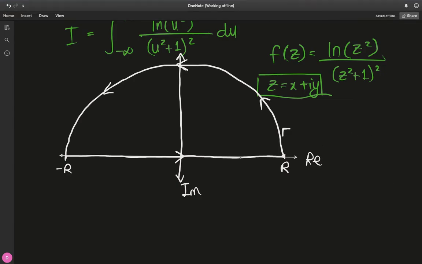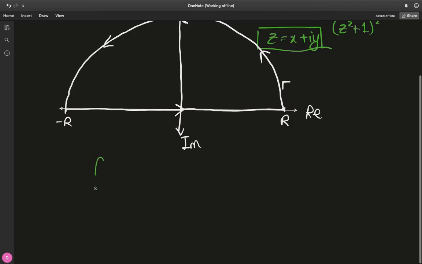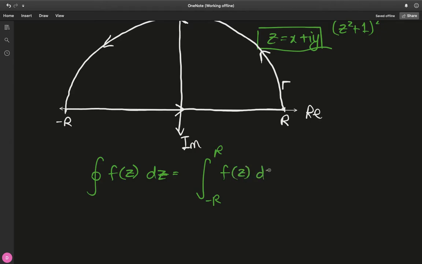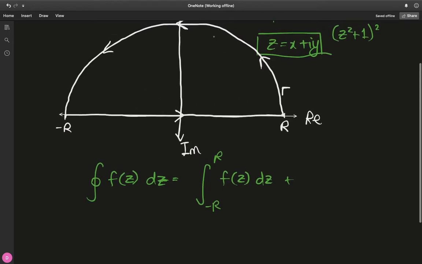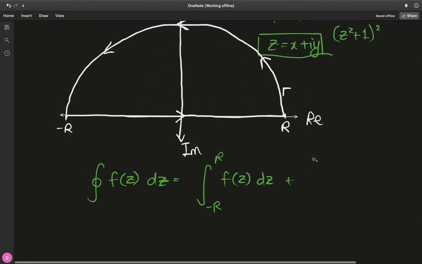Now, having drawn the contour, it's actually time to write our contour equation. So the contour integral of our function f of z dz, obviously, or the entire thing, you can write in pieces. So first piece is going from minus r to r: integral from minus r to r of f of z dz, plus, and then when you're basically arcing back, that's path gamma, integral over gamma of f of z dz.